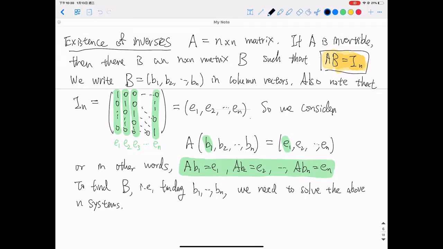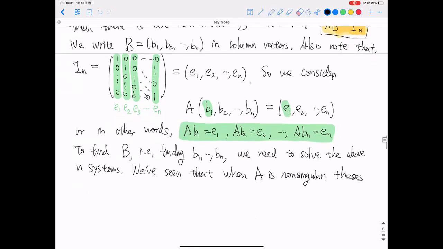So we certainly hoped, and we've seen, that when A is non-singular, these systems have unique solutions.